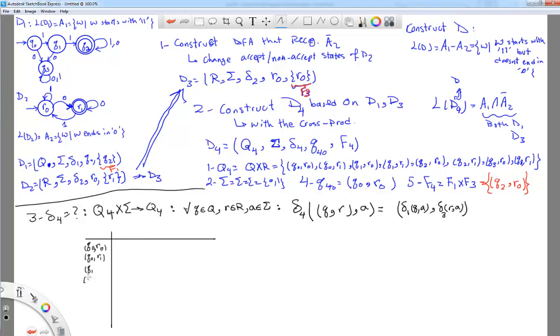Q sub 1, Q sub 2, Q sub 3, and for each one there's going to be either R0 or R1. And so this is delta, and then the delta will be from 0 or 1. And of course, these are going to be pairs. I'm going to write them all down.